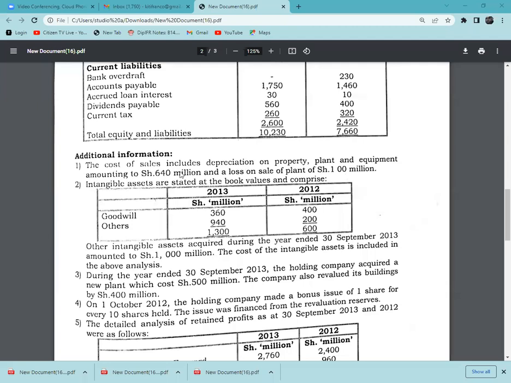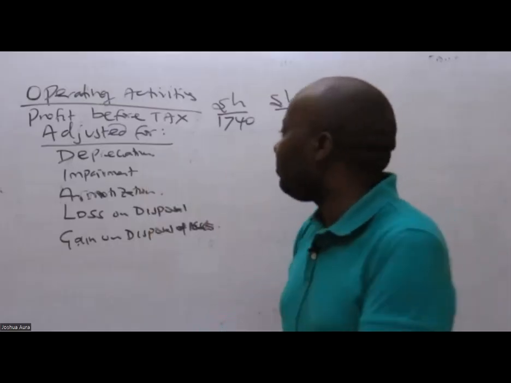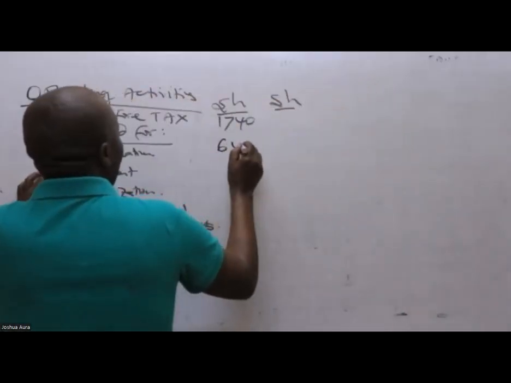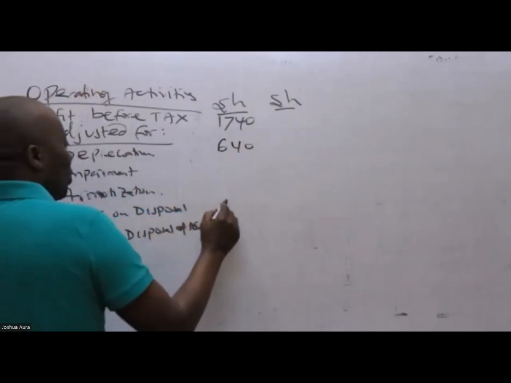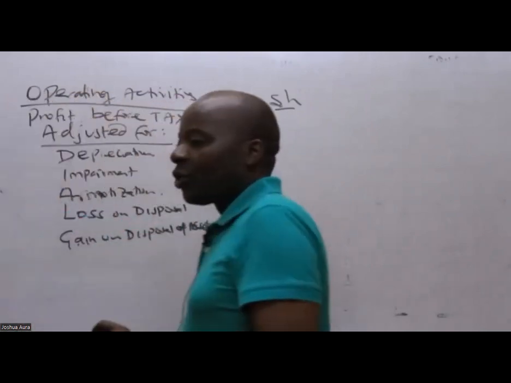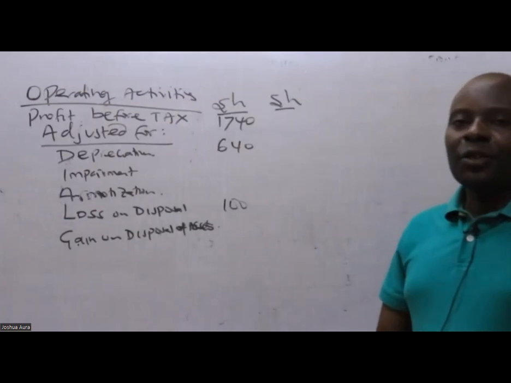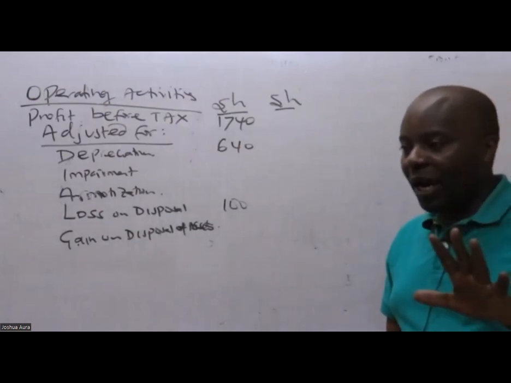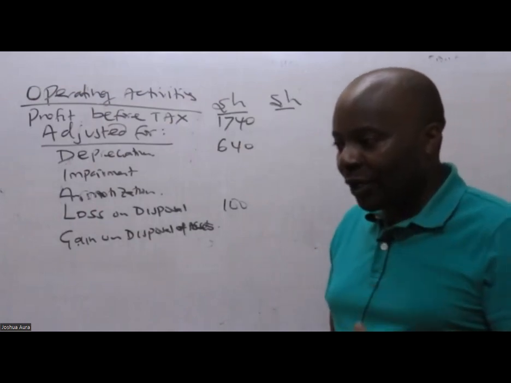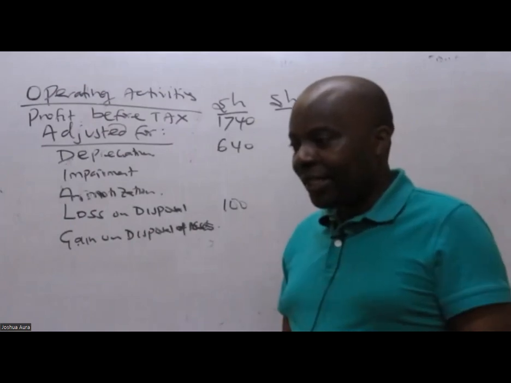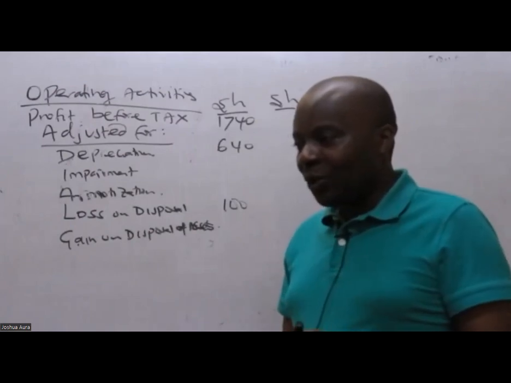So depreciation is 640, and I can see there is a loss on disposal of 100. Are we together there for note number 1?